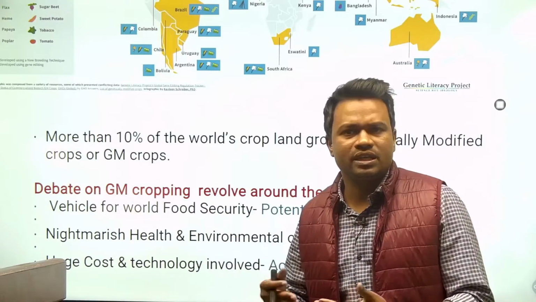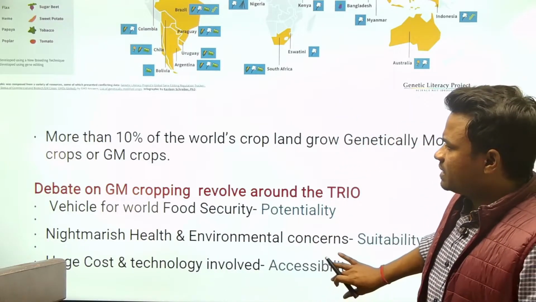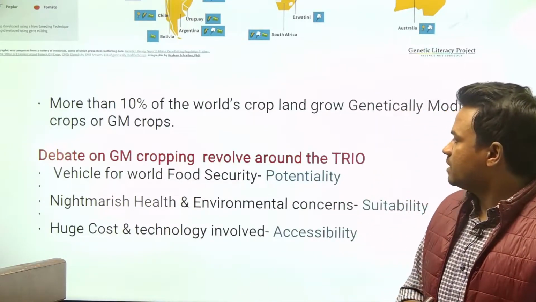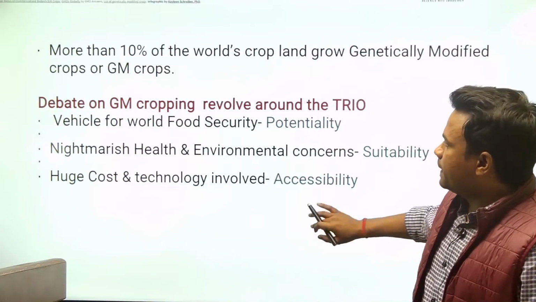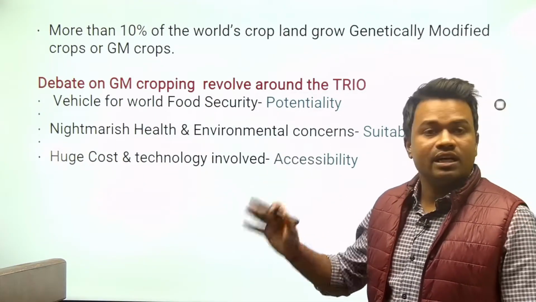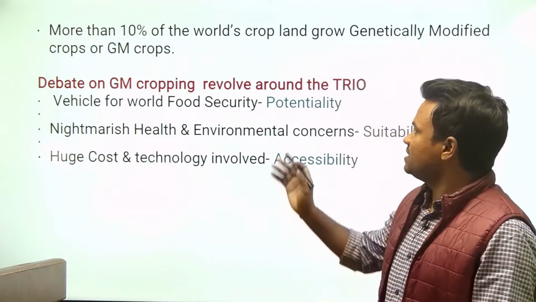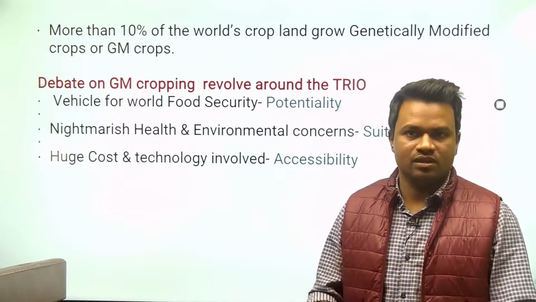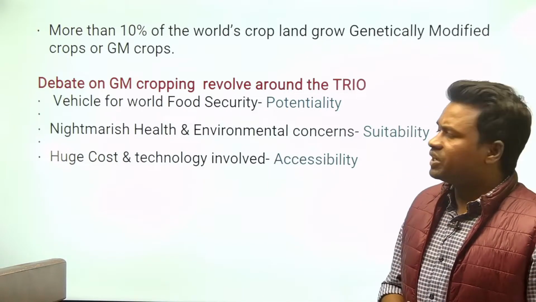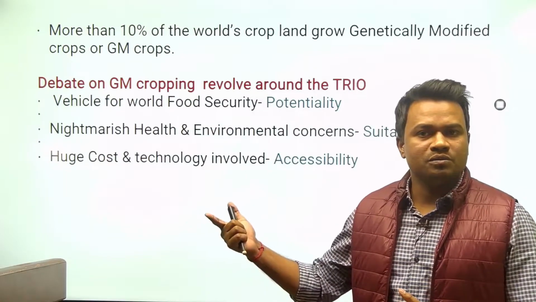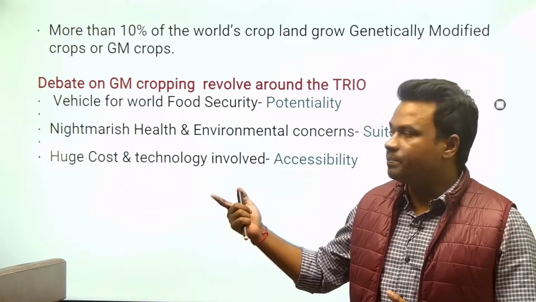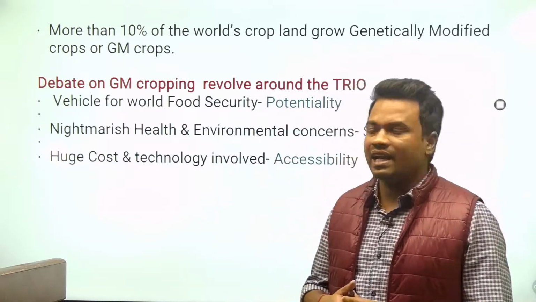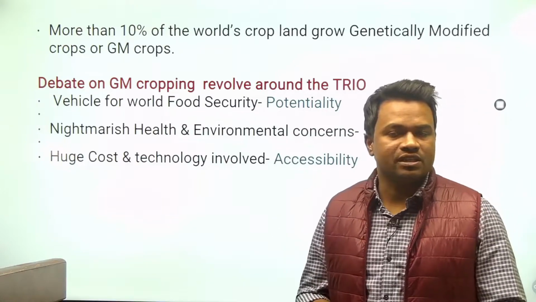So this is important, about 10%, but what are the debates that revolve around GM cropping? This is very important, not only for India but for the entire world. These three things are actually the three pillars of the GM crops debate. First is potentiality: many experts are of the opinion that GM-based cropping can help ensure food security for the globe.